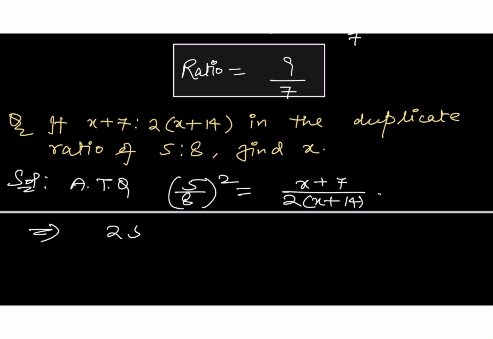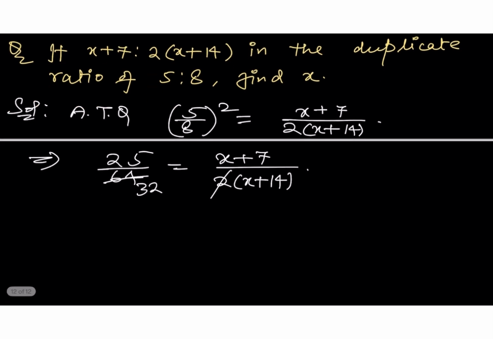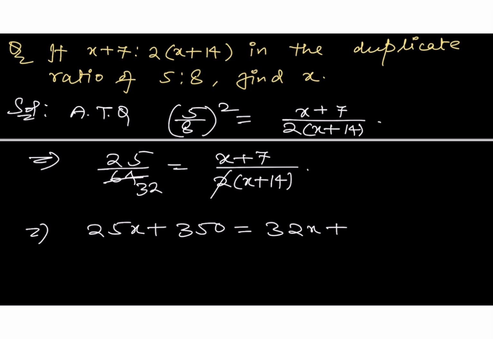So 25 by 64 is equal to x plus 7 upon 2 into x plus 14. 2 32s are 64. So after cross multiplication it will be 25x plus 350 is equal to 32x plus 224.